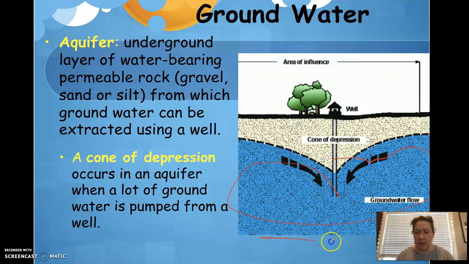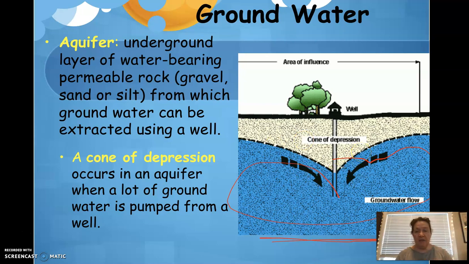But down below you probably have impermeable rock. Impermeable means it can't penetrate, can't pass through. So you have this water that's being stored on top of it. But the water is passing through the permeable surfaces such as gravel, sand, or silt and being held there.